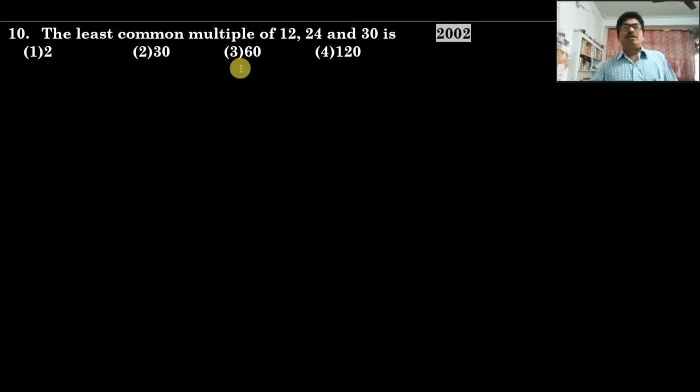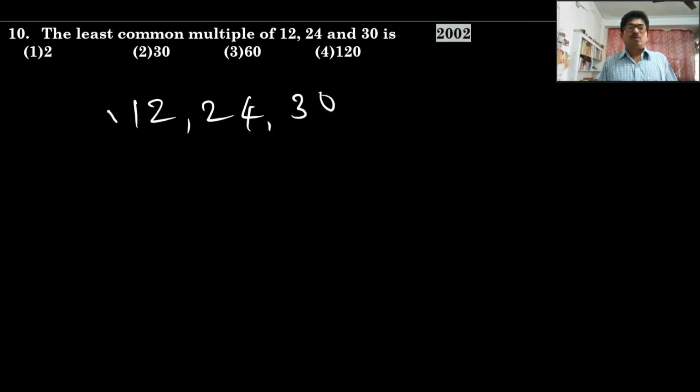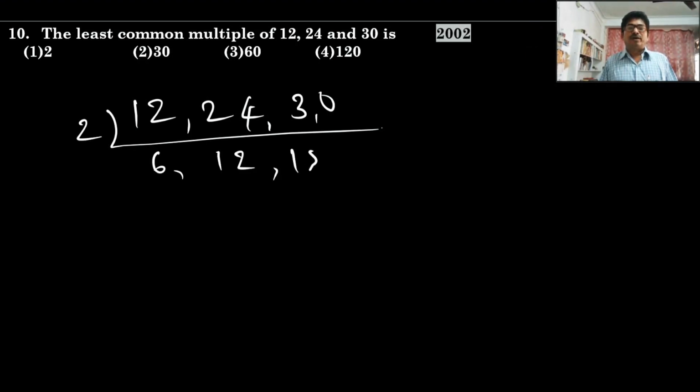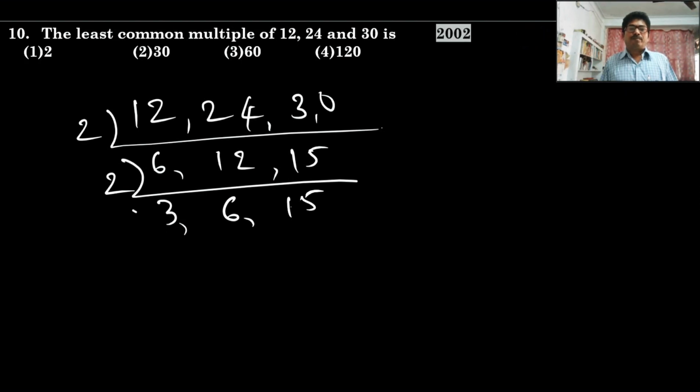10th question, the least common multiple of 12, 24 and 30 is. Least common multiple means LCM. We know how to find LCM easily. 12, 24, 30. 2 table: 2 sixes are 12, 2 twelves are 24, 2 fifteens are 30. So we get 6, 12, 15.